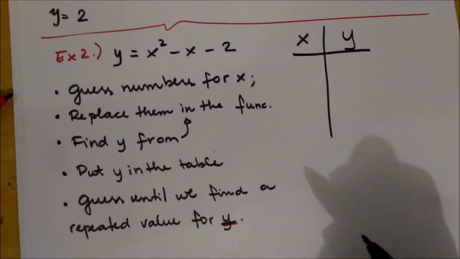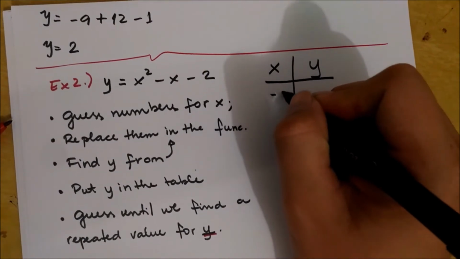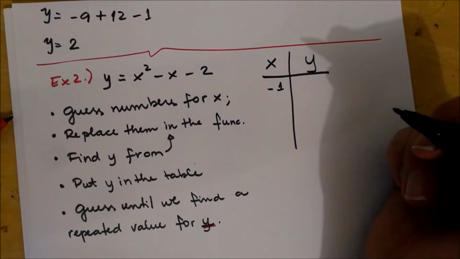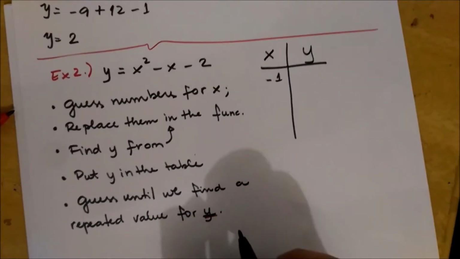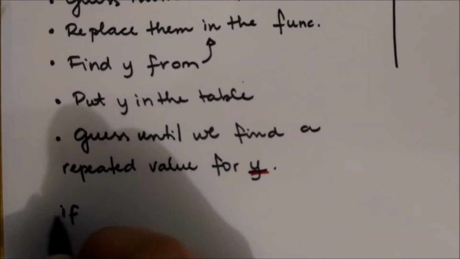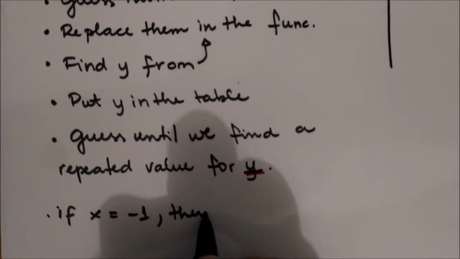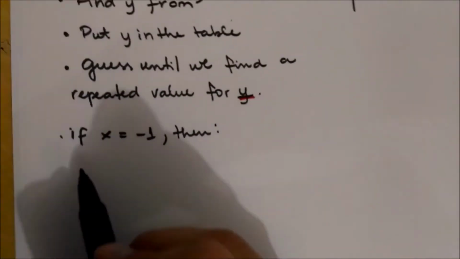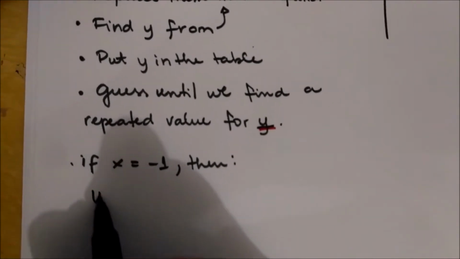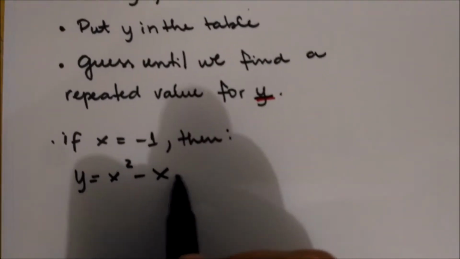Okay? So, alright. I'm gonna start with -1. Is that okay for you? -1. Good. So, if x is -1, then y equals x squared minus x minus 2.